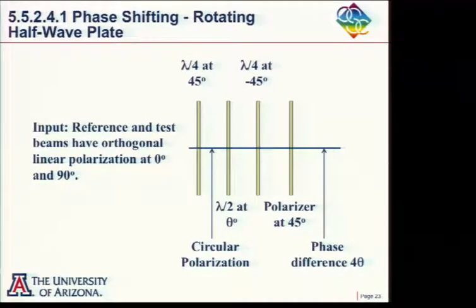And what I'm going to claim, and we'll go through the math in the next slide, is that the phase of this interference pattern is going to depend in some way upon the rotation of this here. And it's going to turn out, we'll see in a second, that if I rotate this at angle theta, the phase of this interference pattern will change by 4 theta.